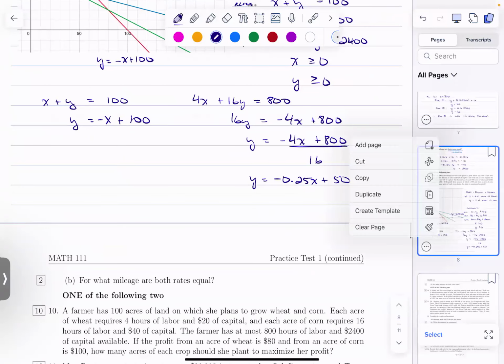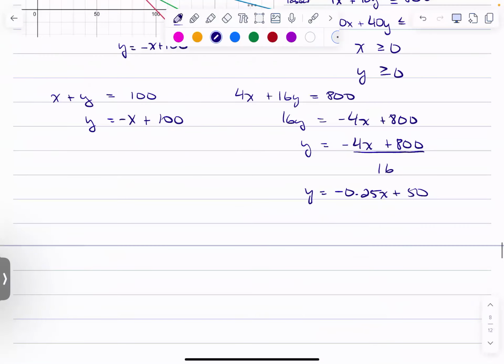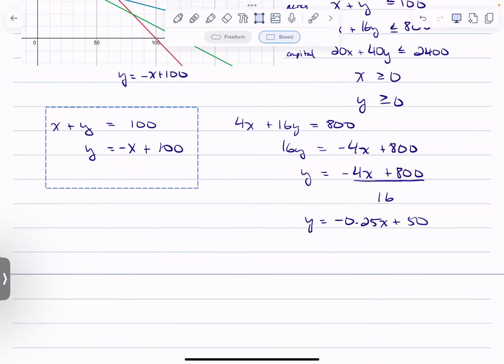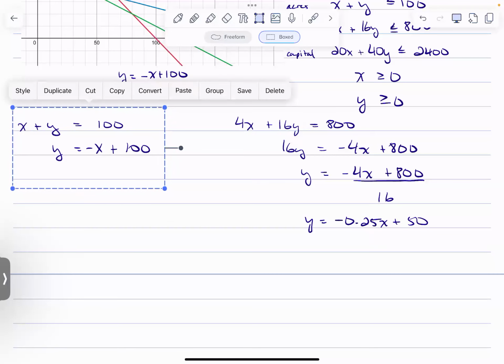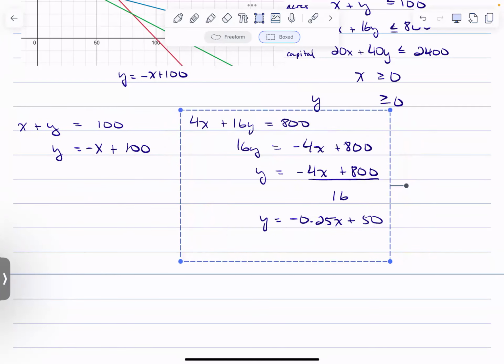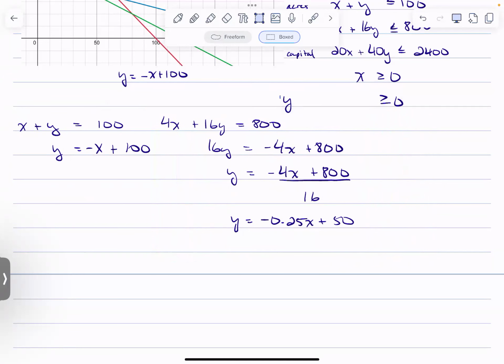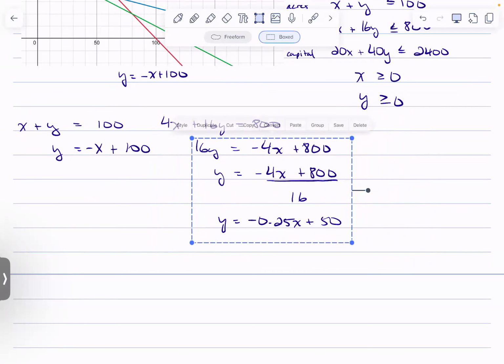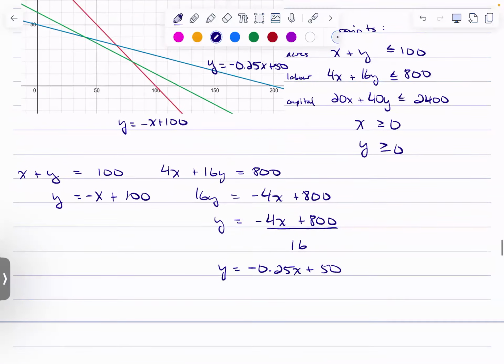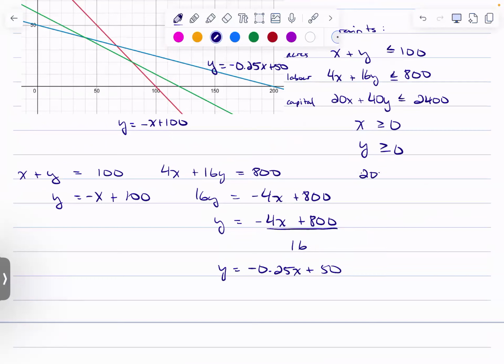I'll need a page, so you can see them all side by side. 20x plus 40y is 2400. 40y is negative 20x plus 2400.